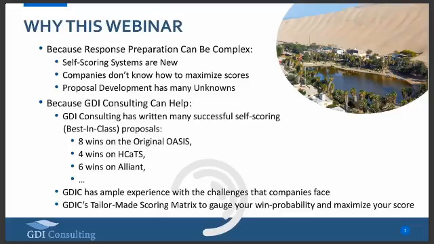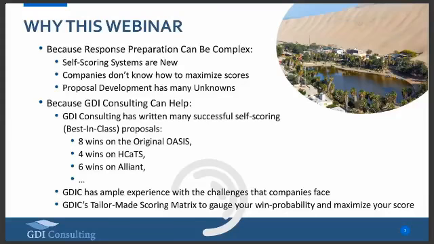GDI has written many best-in-class proposals. You can see on the list there, there are 8 wins in the original OASIS offering, 4 wins on HCATS, and 6 wins on Alliant. Those all utilized these tabular and empirical scoring systems in addition to the subsequent review that goes into your submission itself.